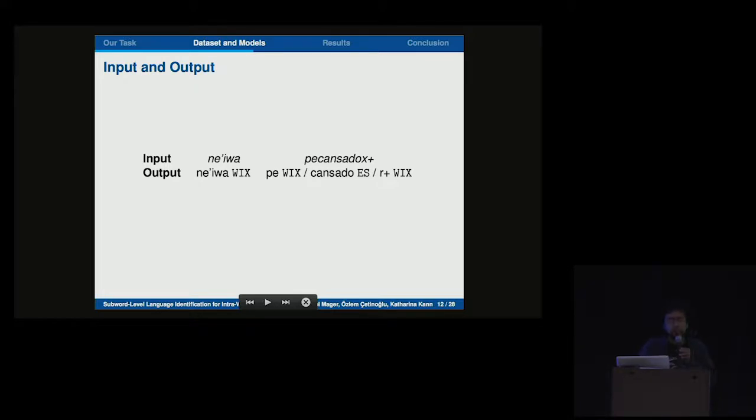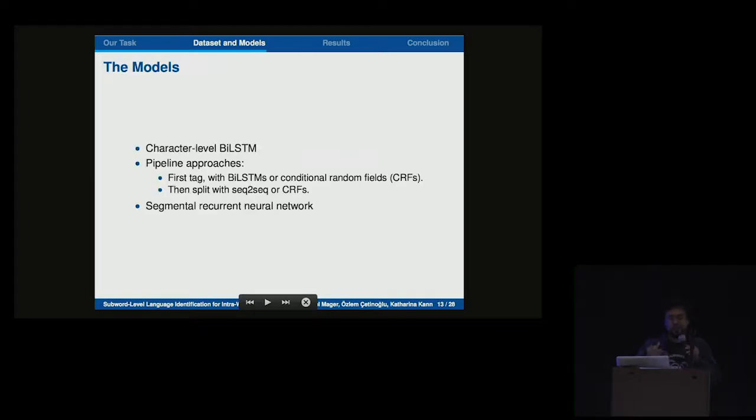So our input and output and our task is first a sequence of words, and then the output we expect to get is also a sequence of tuples of the part of the word, and the label of the language. In this case, we can see what we expect.